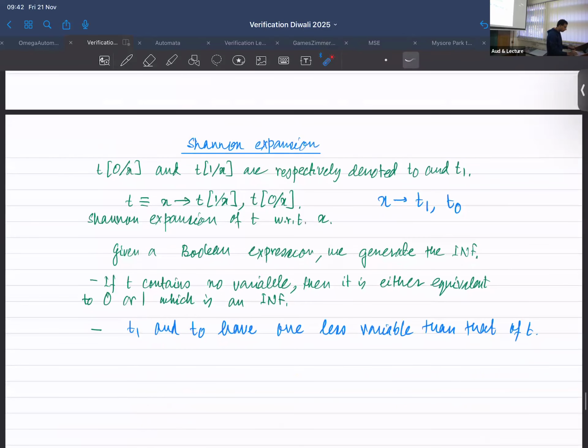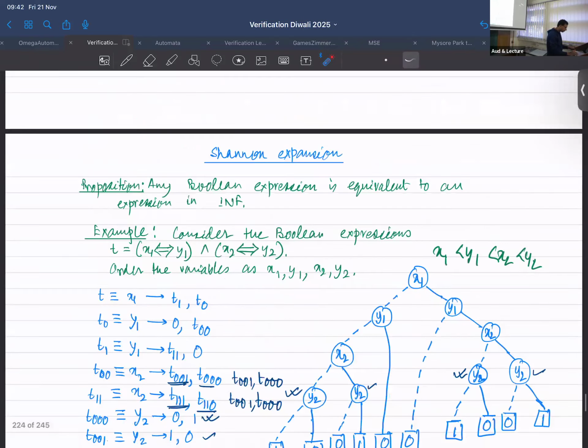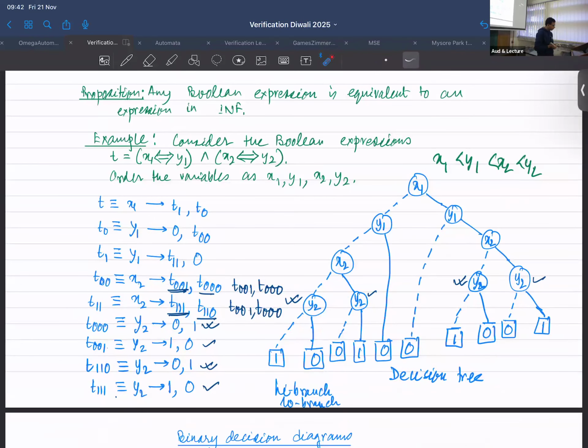The way we construct a binary decision diagram is that you can consider such a decision tree, and then you can merge the nodes which are common. First, you can consider the terminal nodes, all the zeros and the ones, as just one node for zero and one node for one.